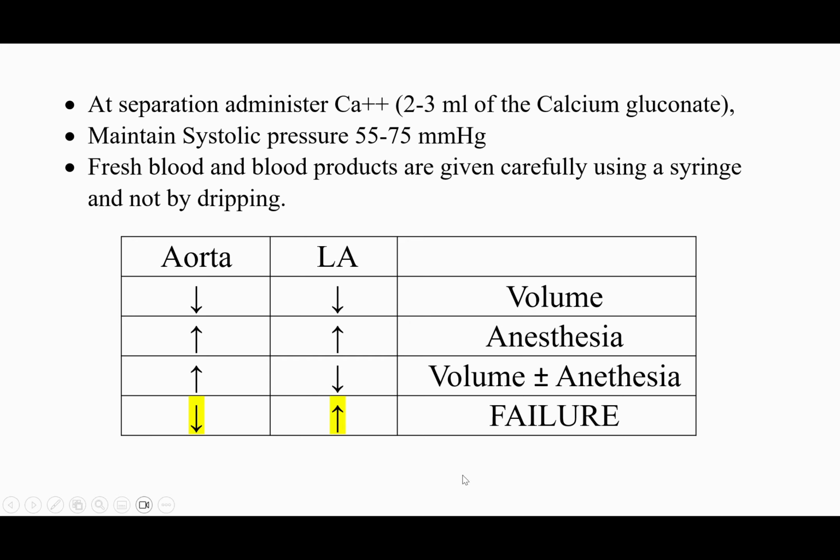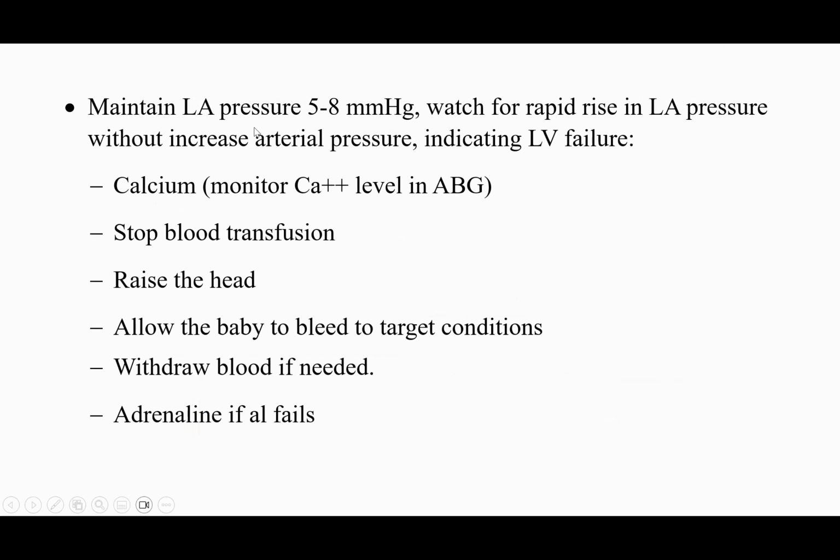In this case, we maintain the LA pressure between 5 and 8, and watch for a rapid rise in LA pressure without an increase in arterial pressure, indicating LV failure. In this case, we give calcium, and we monitor the calcium level in ABG. Sometimes the failure is due to hypocalcemia, because we are giving blood in profuse amounts, and this blood contains citrate, so the patient becomes intoxicated with citrate.